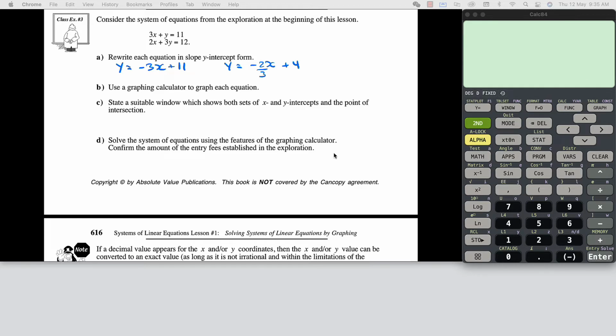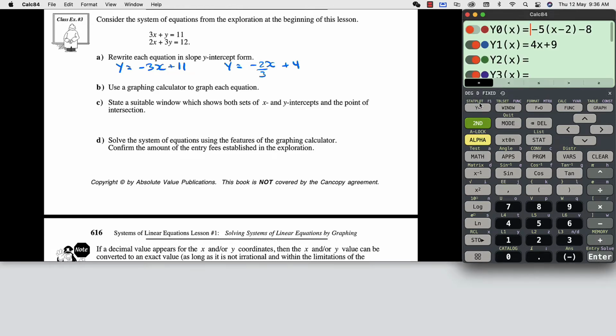So I'll do this right on the one that's on screen. So go to the y equals, we'll clear any graphs that are already currently there. And we're just going to punch it in like we see it, which is negative 3x plus 11. And the second one, I need to turn them all on.